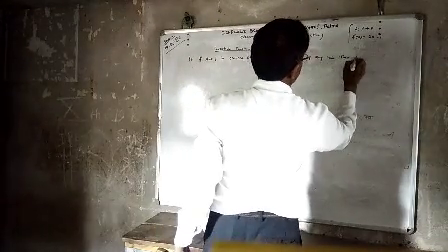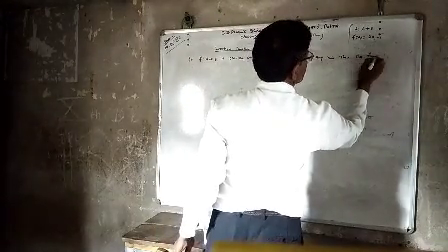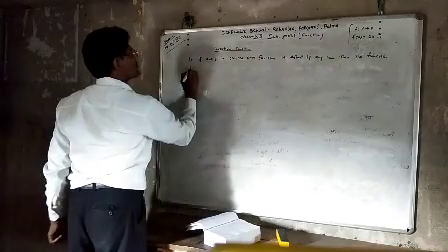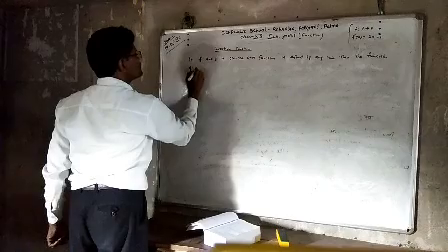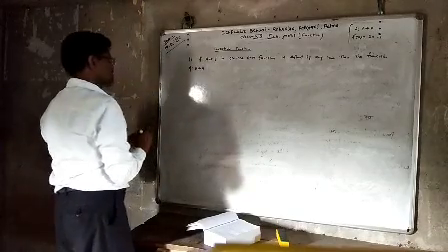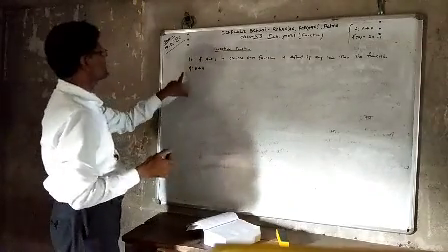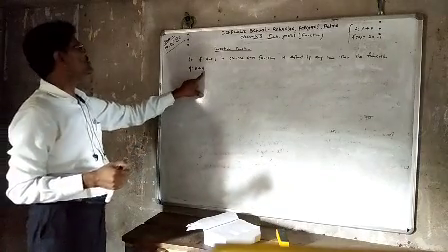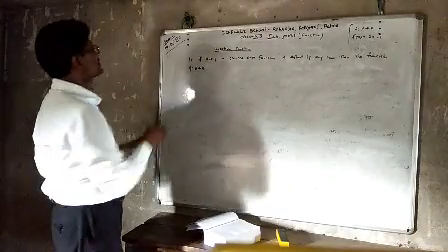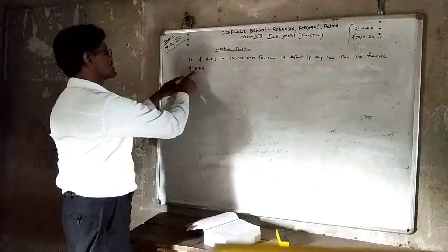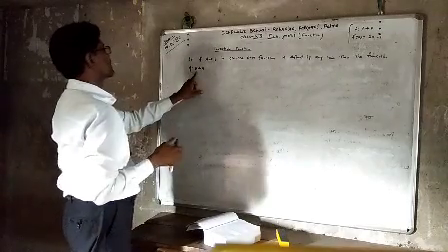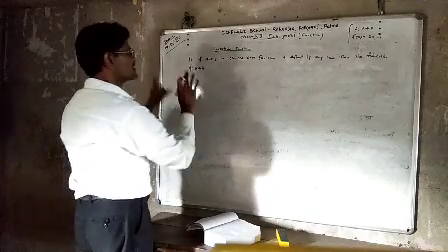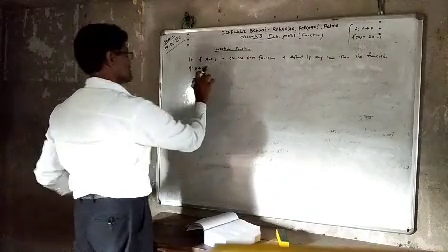Then the function g from B to A, the other function whose domain is B and codomain is A, means that each element in set B has an image in set A, and this function is called the inverse function of f.